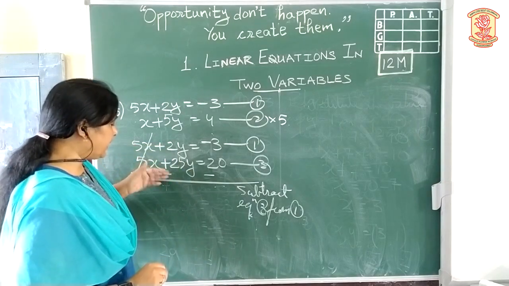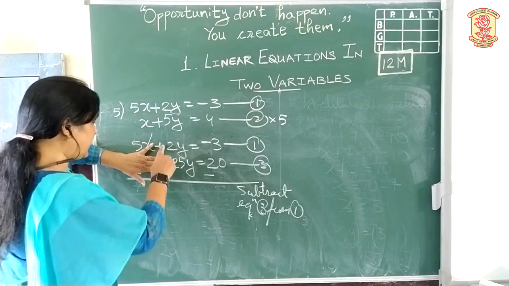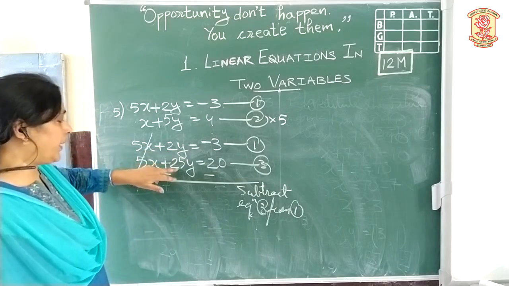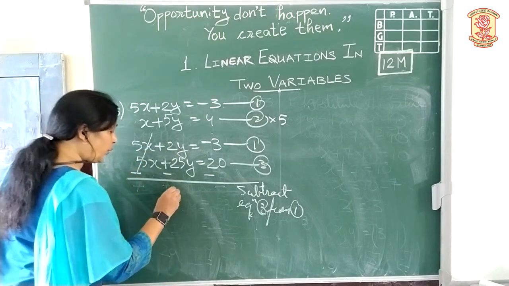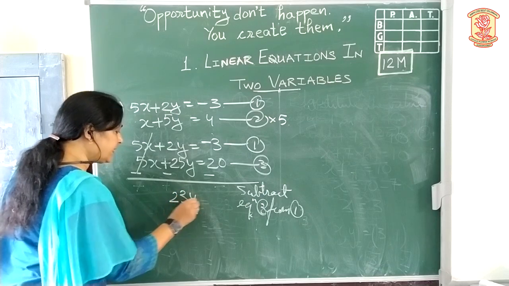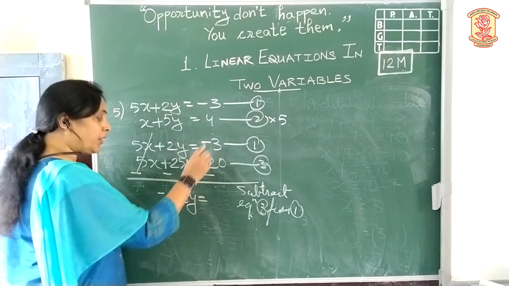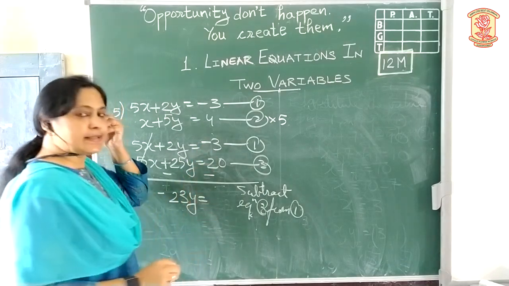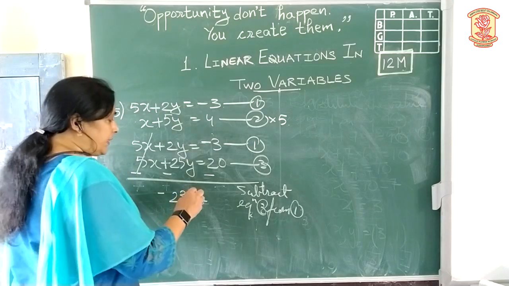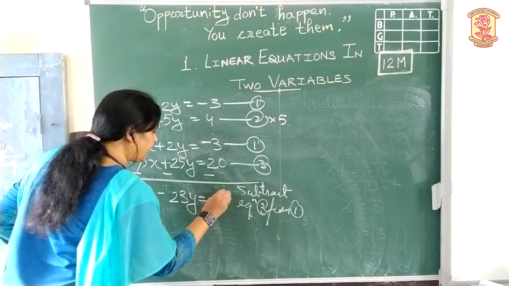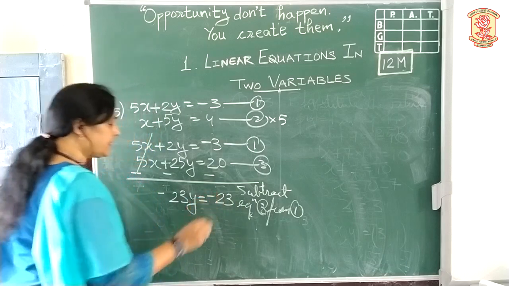So it is plus, minus, we are not going to consider this plus. So it is minus 25 minus 2, that is minus 23y, where the bigger number's sign is minus, equals minus 3 minus 20. Here 20 plus 3 is 23, and again the bigger number's sign is minus.